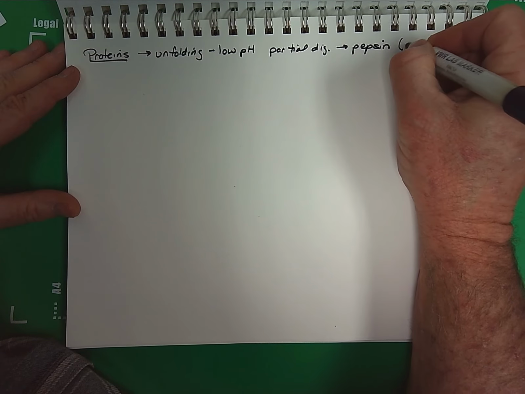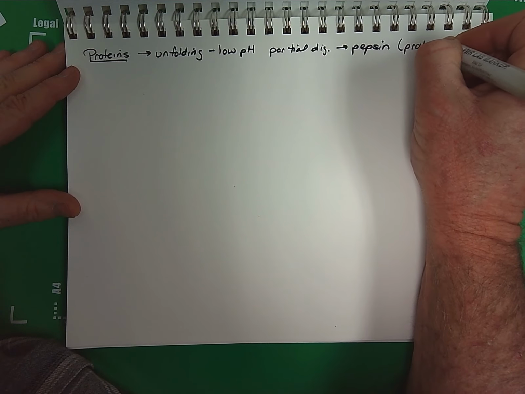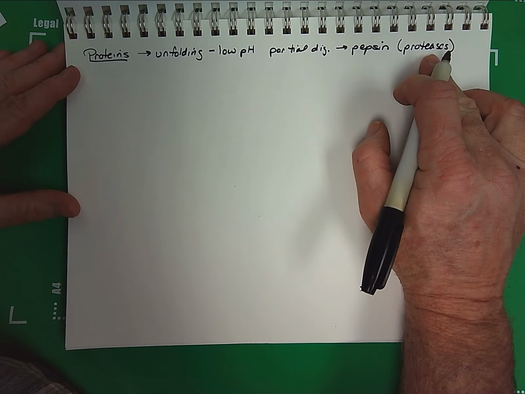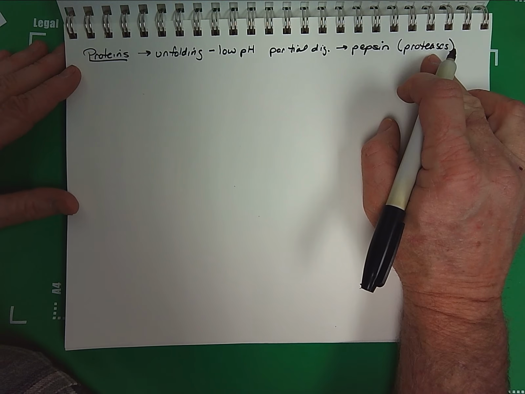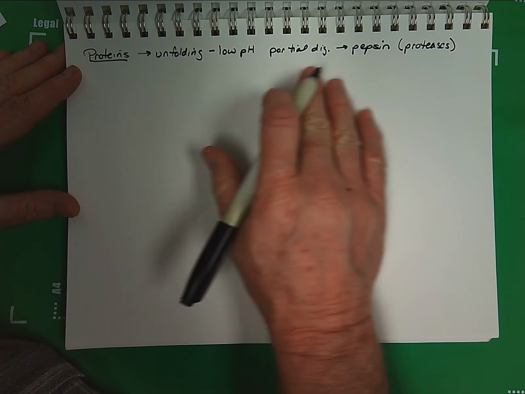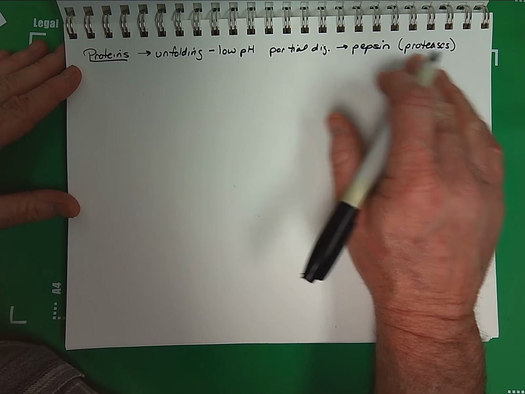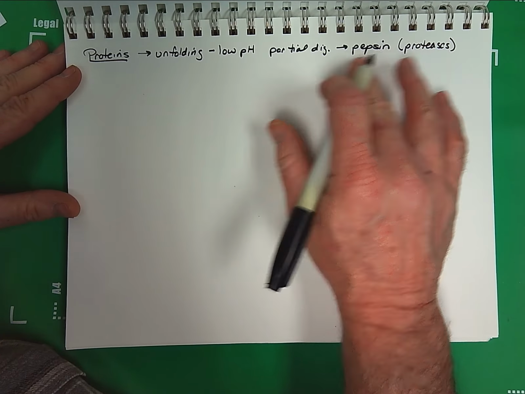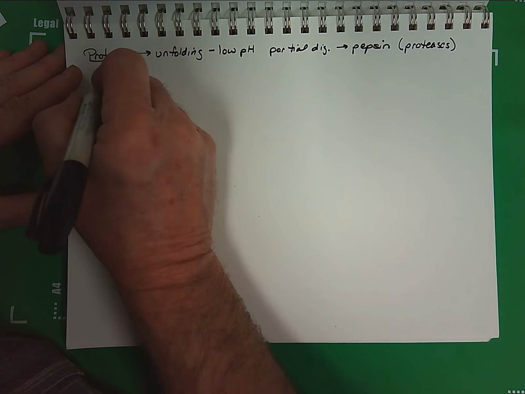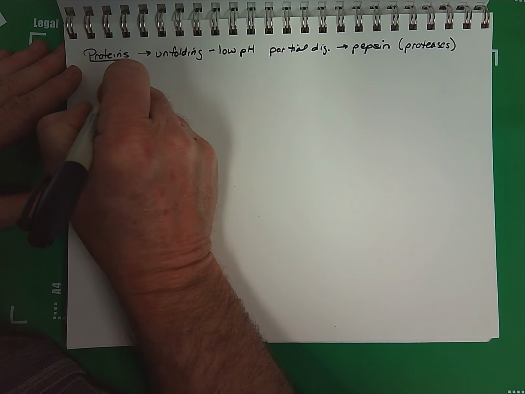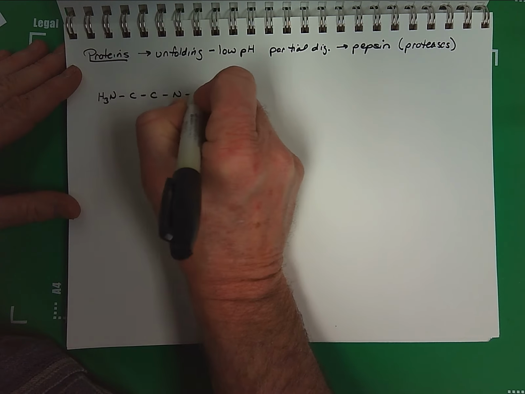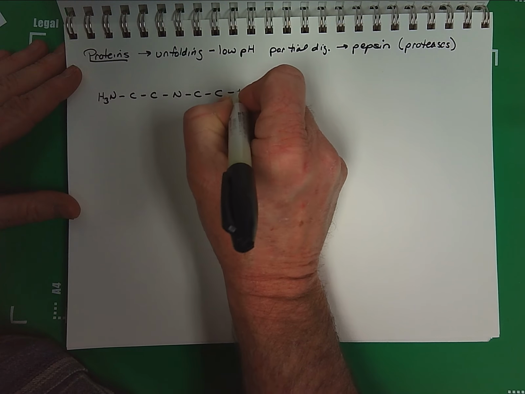Recall that pepsin is from a general class of enzymes called proteases, enzymes that cleave proteins. Now we need to take a look at the different classes of proteases. Pepsin is one, but there are several others that are made by the pancreas. And let's draw the backbone of a short protein.